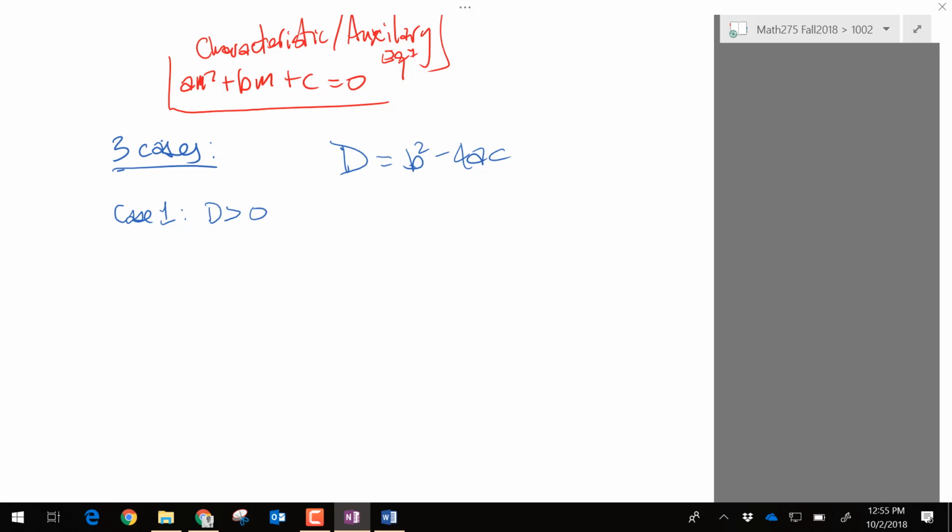Remember, outside of the square root, there's a plus and minus. So if it's positive, then you'll have 2 real solutions.